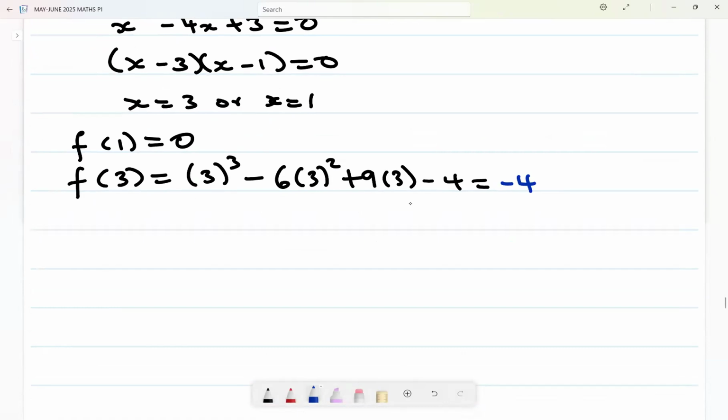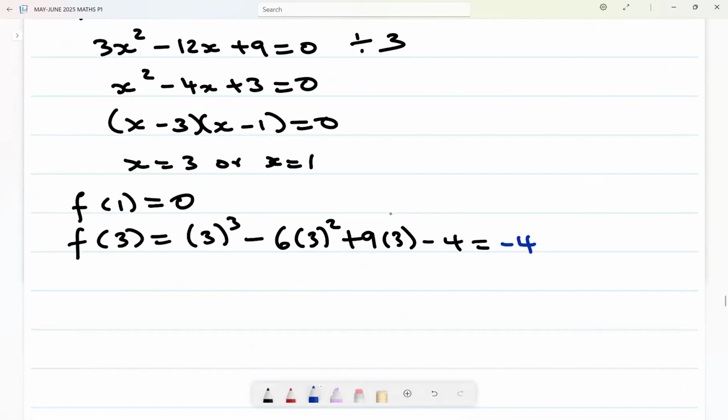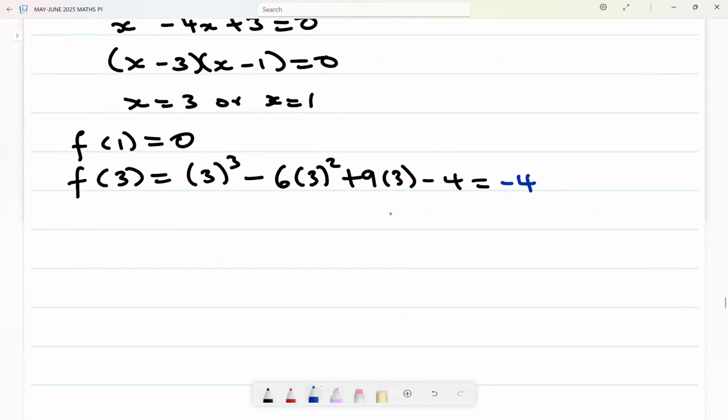3 cubed is 27. So it will just be -54. Is it negative here, or is it positive? Okay, 3 cubed minus 6 into 9, plus 9 into 3 minus 4.